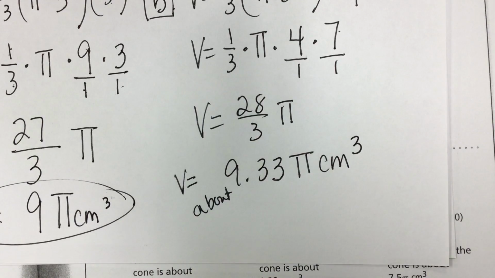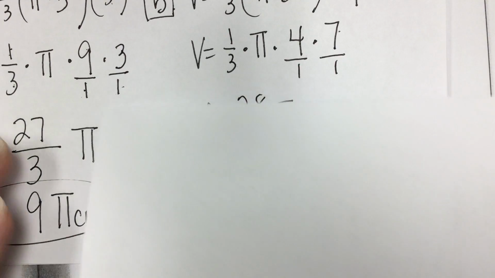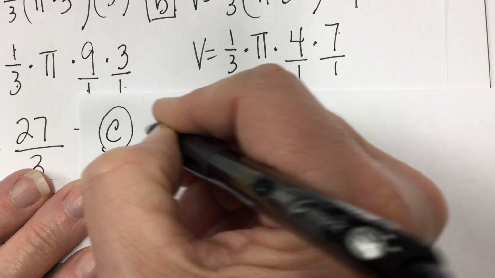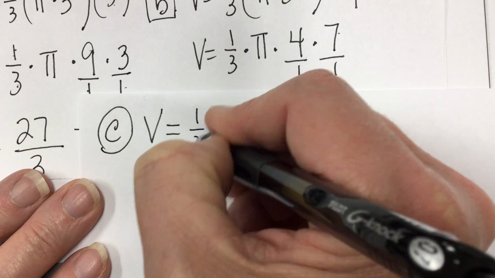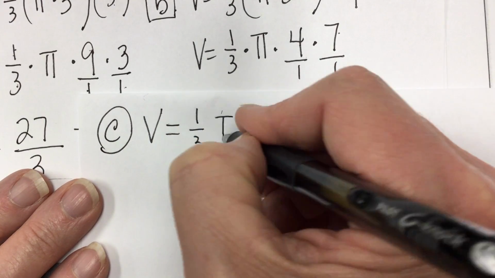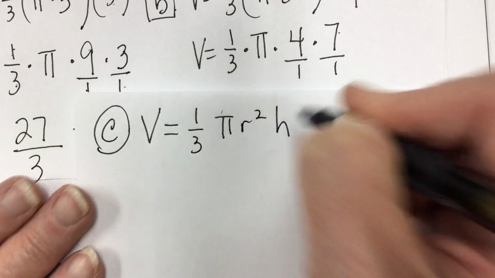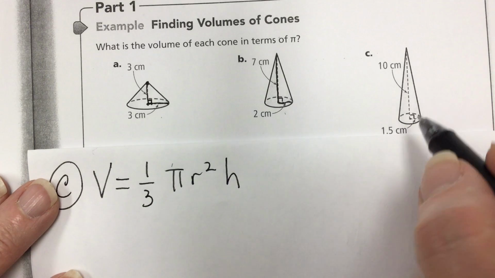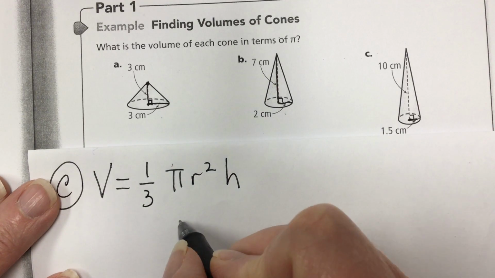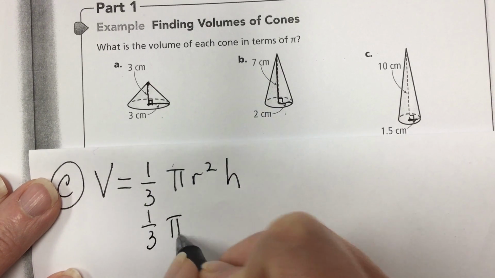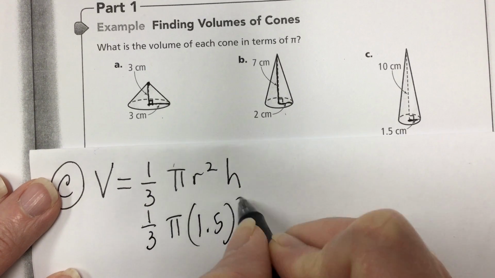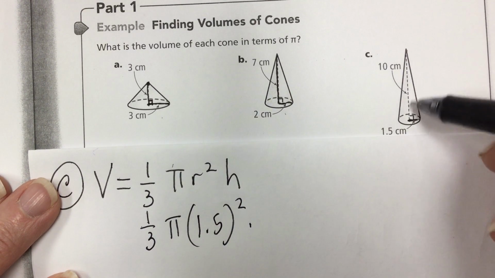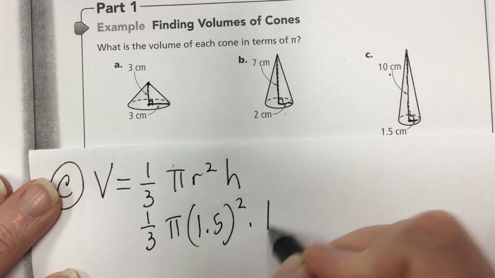And now let's look at C part. Using that same formula, volume is equal to 1/3 pi r squared h. All of it's multiplied together. Looking at C part, my radius is 1.5 squared, and my height, highest to the lowest, is 10. Okay?